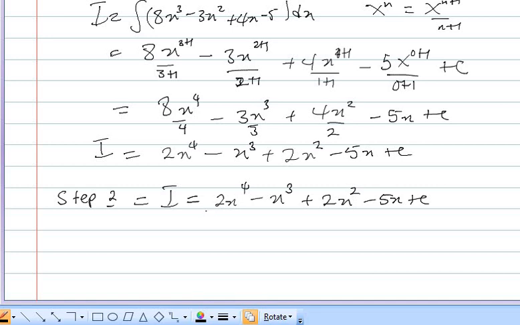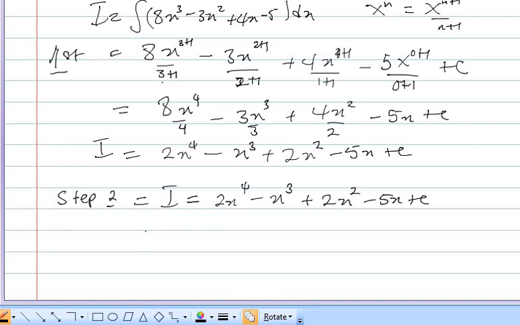So step 2 is just to make it in nested form. Step 1 is just to perform the integration, and that is where step 1 ends. That's step 1, and this is step 2.